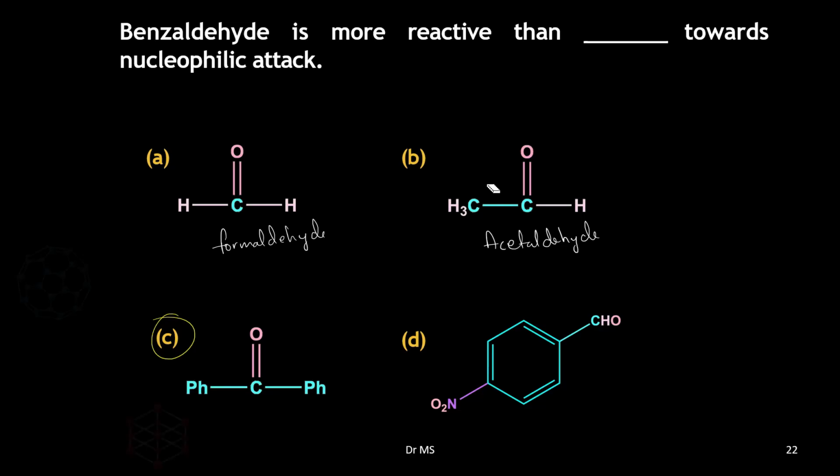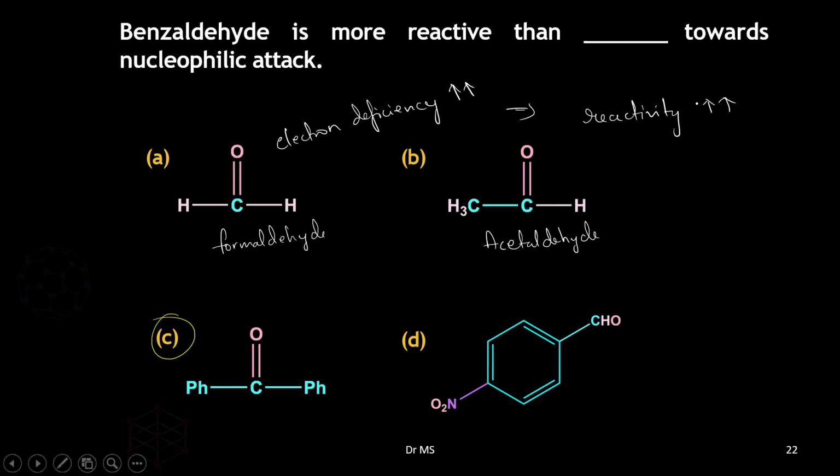Electron deficiency increases, yes or no? Because both are just small groups, right? So electron deficiency increases. If the electron deficiency increases, what happens to the reactivity? Reactivity increases. So both will show higher reactivity towards the nucleophilic reaction compared to the benzaldehyde.